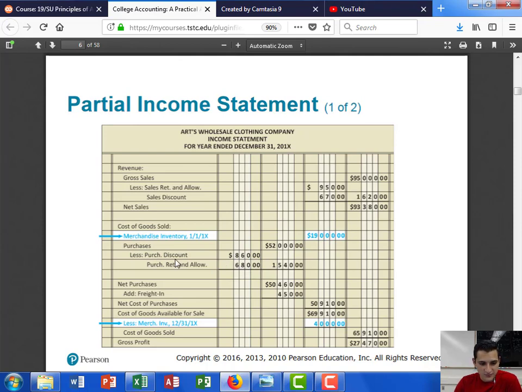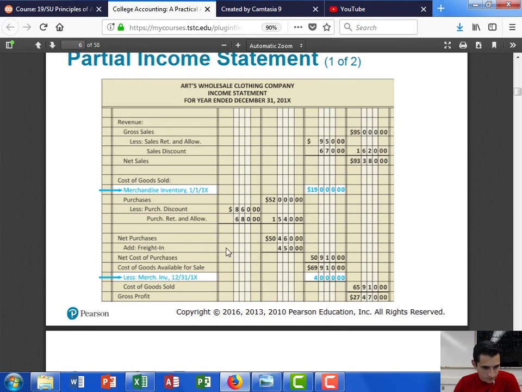Since purchase returns and purchase discounts are contra cost accounts to your purchases account, which is the cost account in this class, they subtract against each other. So you take the $52,000 minus the total amount of purchase discounts and purchase returns and allowances to get your net purchases.